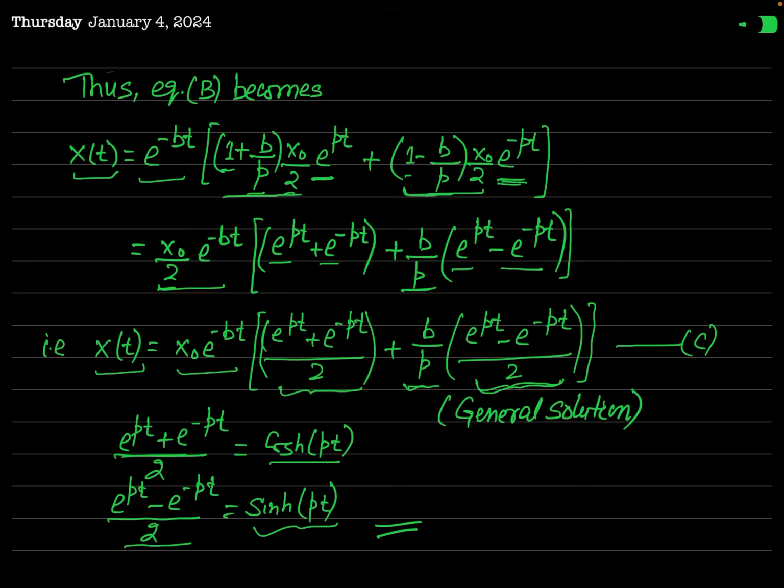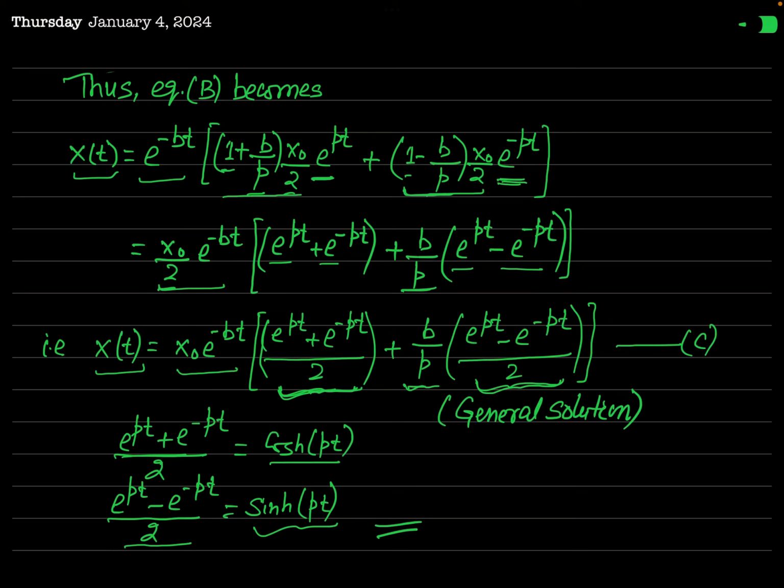So instead of these two factors, you can also write here cos hyperbolic pt and sin hyperbolic pt. But our discussion in the second lecture will be easier when we keep this general solution in the exponential form instead of the hyperbolic functions. So I have not written here cos hyperbolic pt and sin hyperbolic pt.